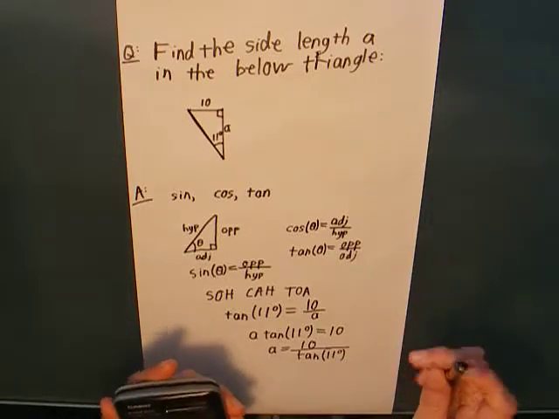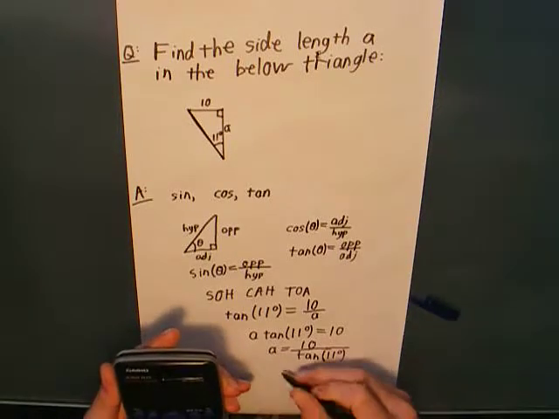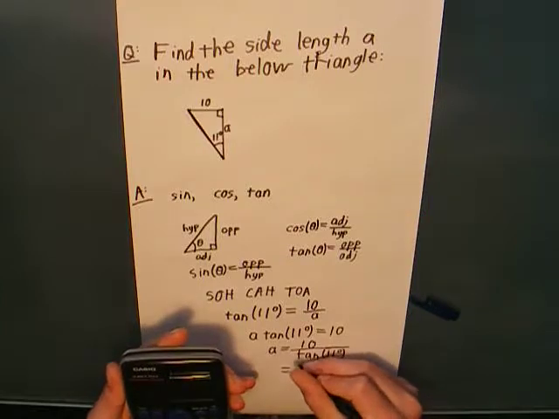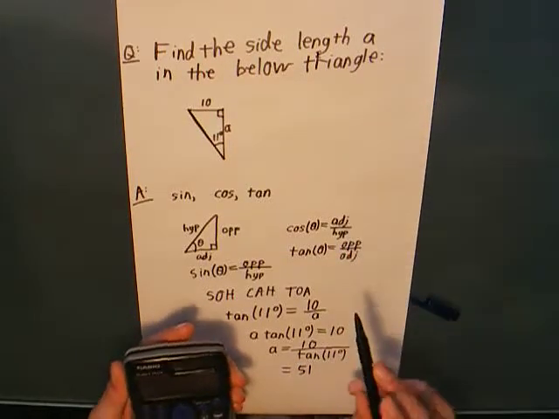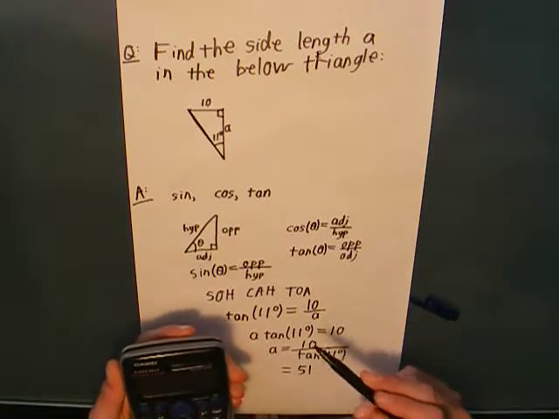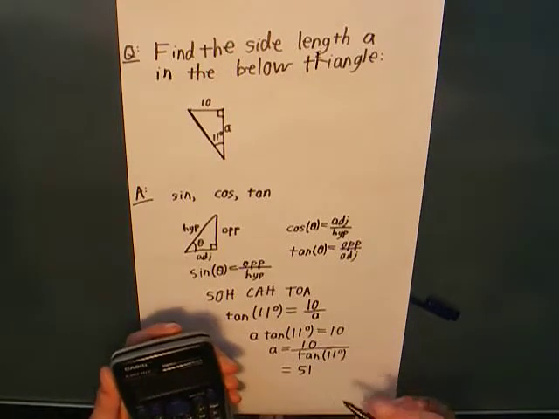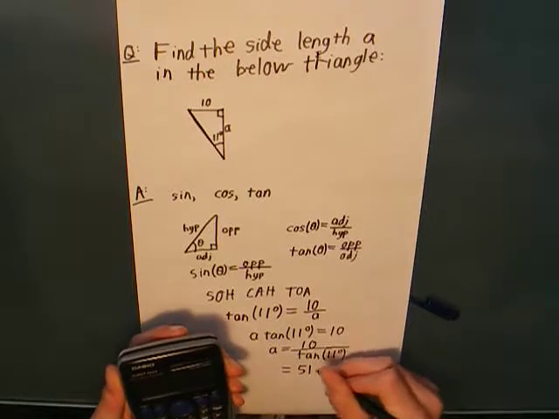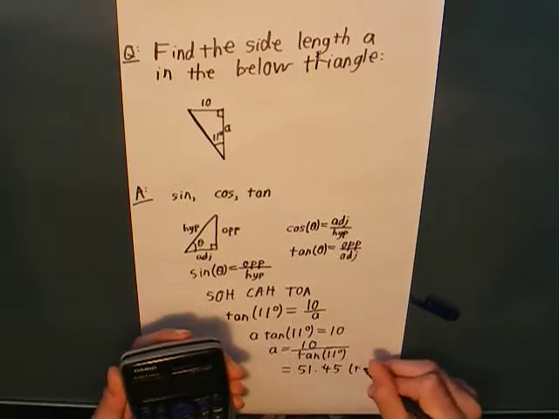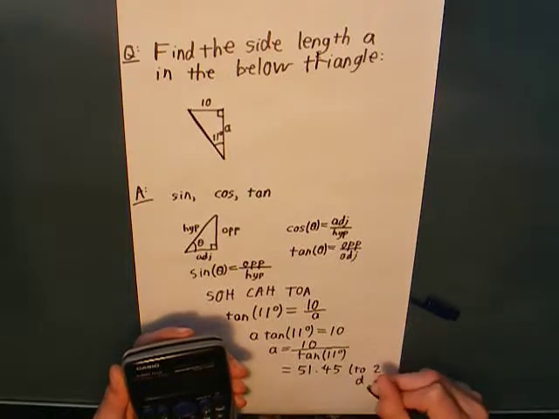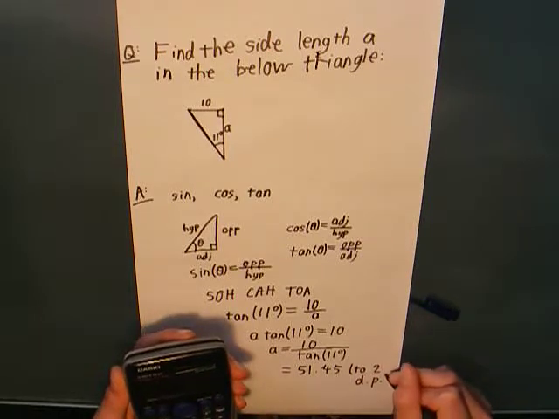So I've got A equals 51. Now say I included a rounding in the question, so I normally round something like this to maybe 1 or 2 decimal places. So A is 51.45 to 2 d.p. There we go.